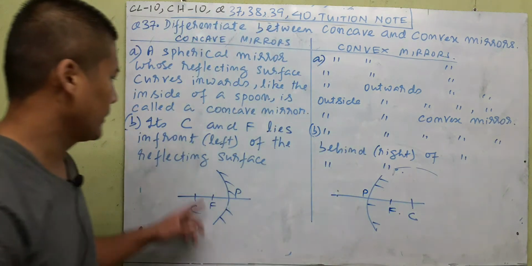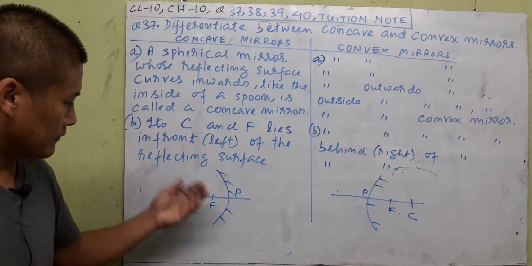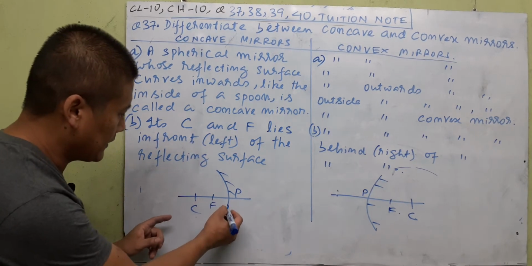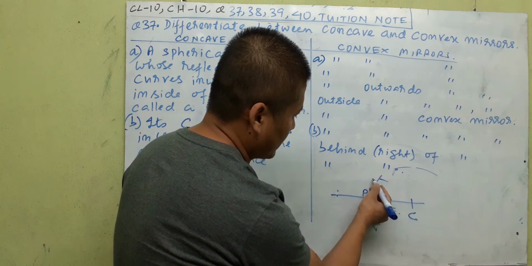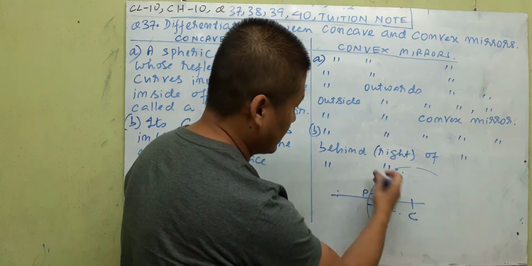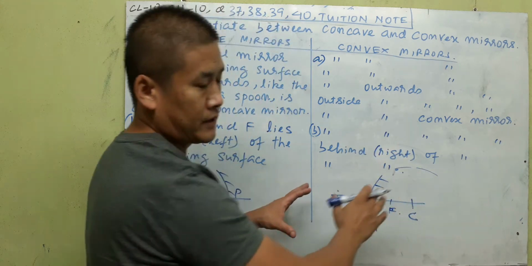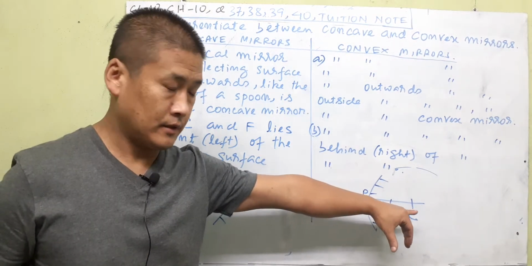Now check here. C and F here are on the left side, or in front of the reflecting surface. Here, this side is reflecting, and C and F are on the right side, behind the reflecting surface. That's the difference. For convex, C and F are behind the reflecting surface of the mirror.